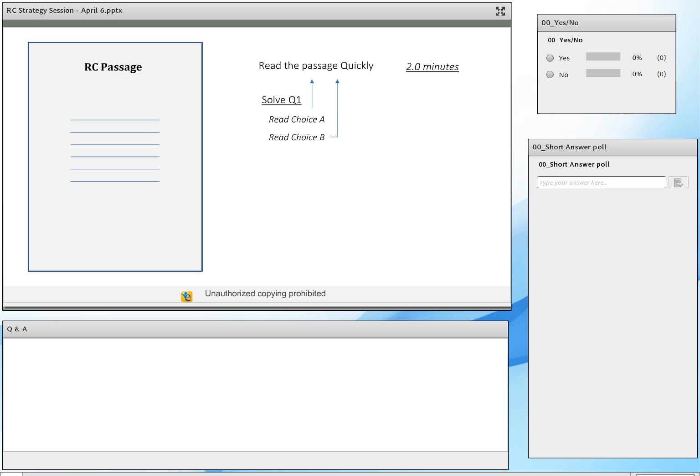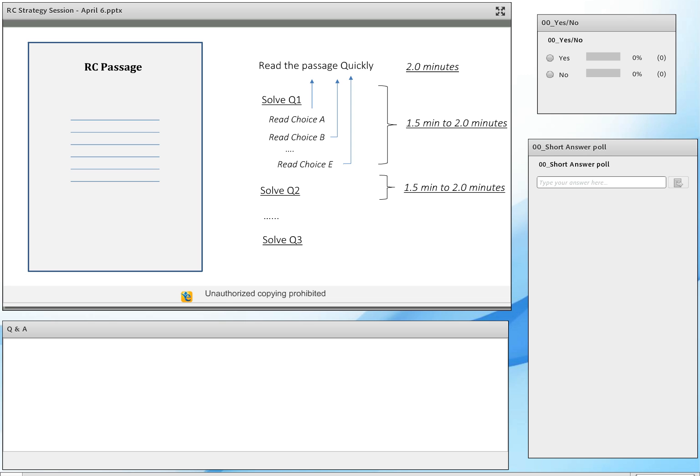You read choice B, you go back to the passage because you're confused. So on and so forth. You end up taking about 1.5 to 2 minutes on each question. And this carries on. Plus, there is that frustration that builds up that you're not getting anywhere. You feel so overwhelmed with the amount of information in the passage and in the answer choices.